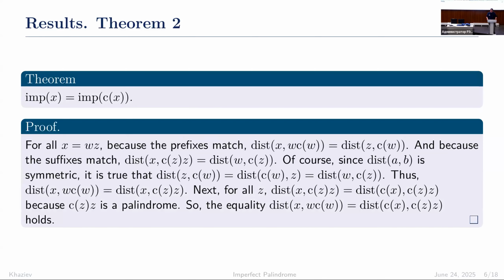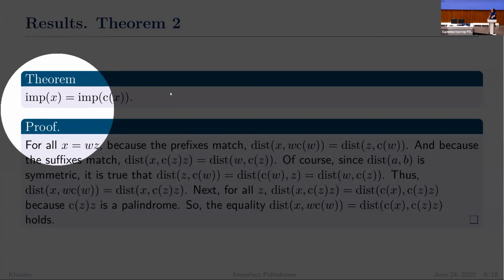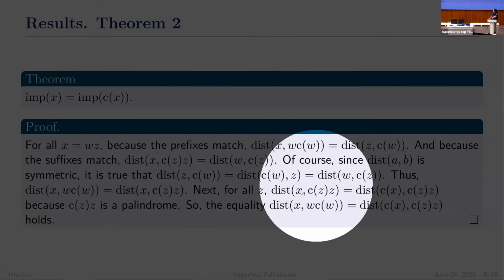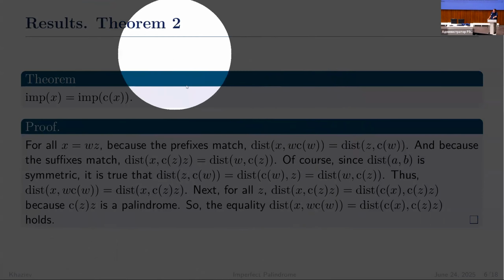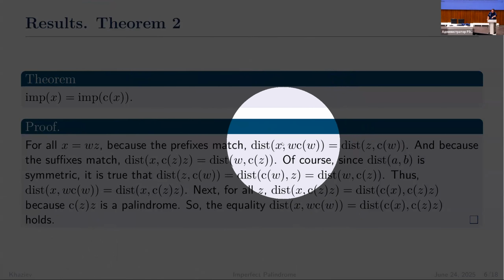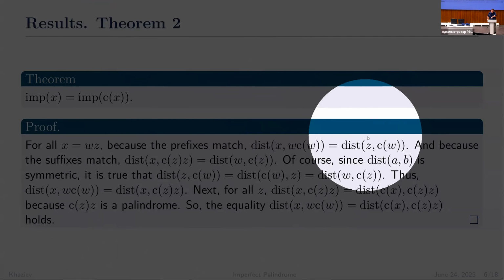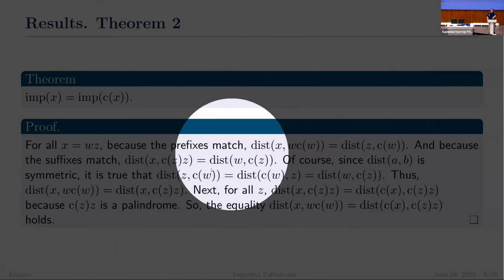But actually, if we denote x as the concatenation of w and z, since the prefixes match, the distance between x and w C of w equals the distance between z and C of w.